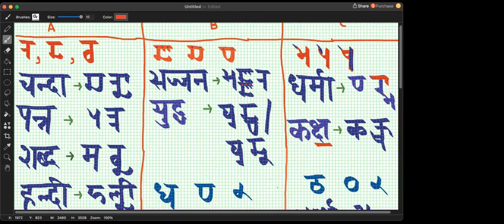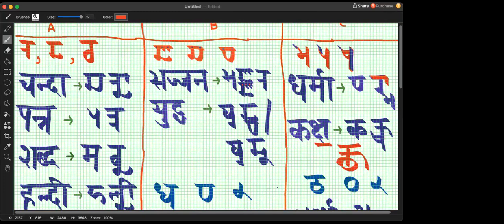A couple of times I just get confused about why we write one pattern of ka sometimes and sometimes a different pattern. For the rest of the words, there's not much confusion. See, ka always, if it carries anything at the bottom, this ka will remain like this. This is always the rule for ka in Sharda.